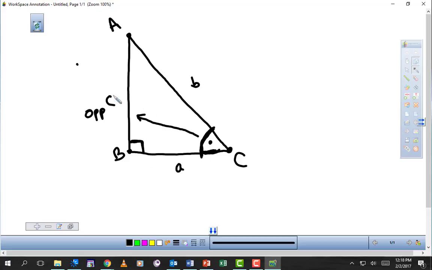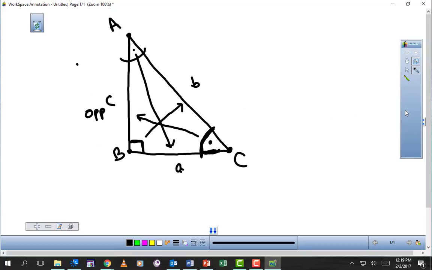And so the little letter goes opposite of the angle. It's on the opposite side of the angle. And then this one goes over here. That's how we put the letters in.